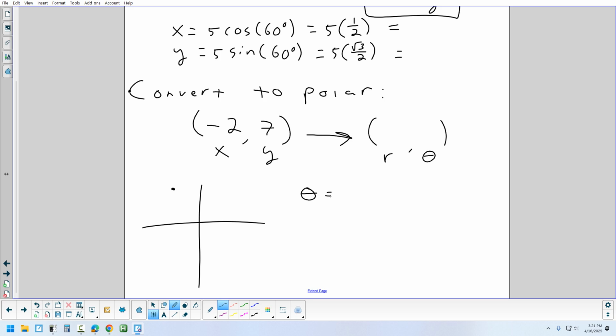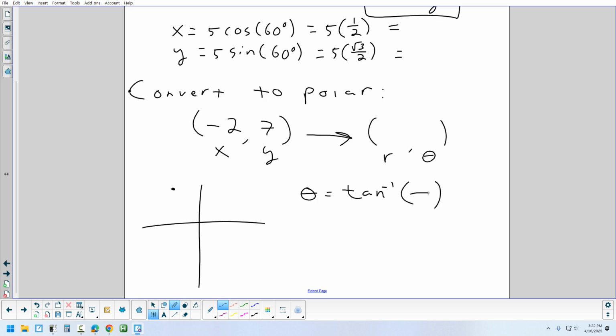Yeah. Tan negative 1 of y over x. And what do you call that tan negative 1? Well, arctan, yeah, or inverse tangent. So inverse tangent, and what did you say again? Of what? Y over x.